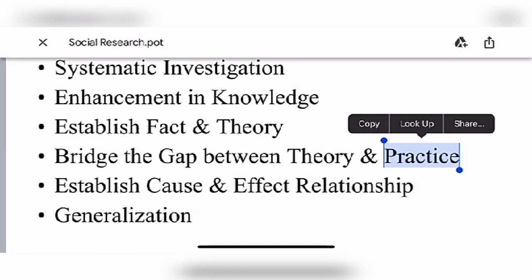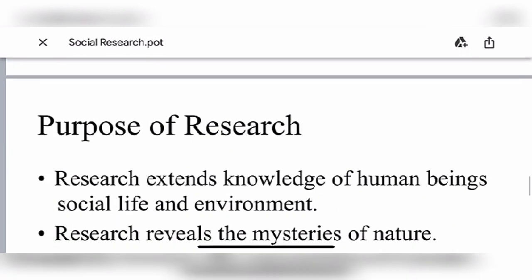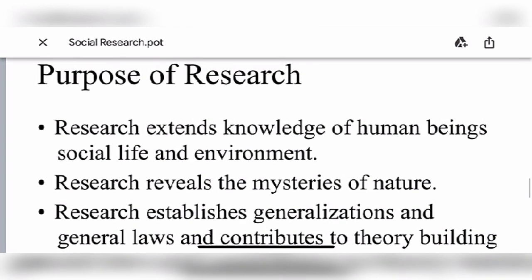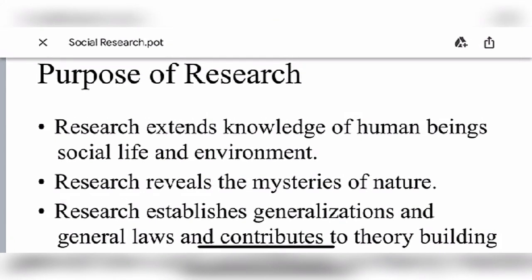And to establish relationship between cause and effect may be considered a main characteristic of social research. And last but not least, the main characteristic of social research is to generalize about social fact, social phenomena.